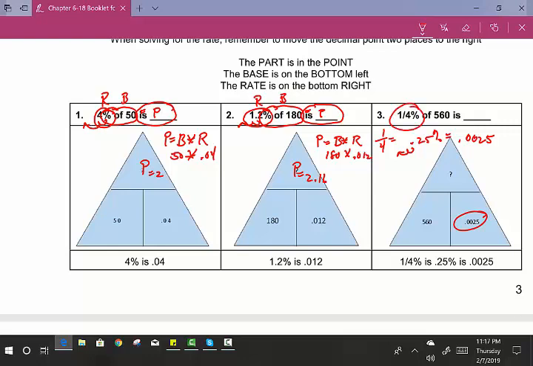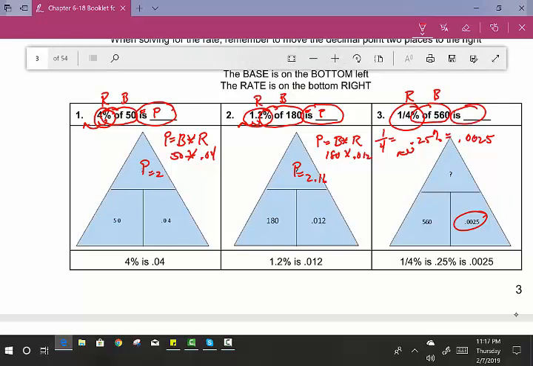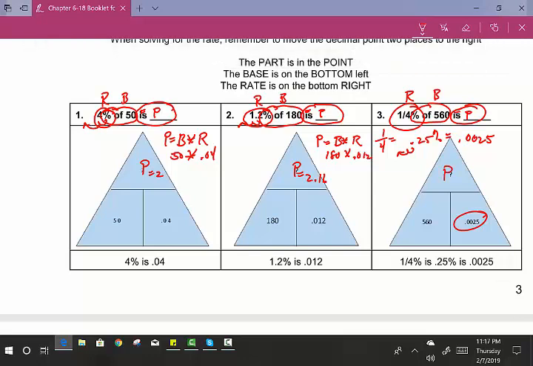By the way, that 1/4 of 1% is the rate since it's associated with the percent sign. Then the number that follows percent of is your base. Again, we're solving for the part that's associated with is or equal. Okay, so part is equal to base times the rate, and the base is 560 times 0.0025.